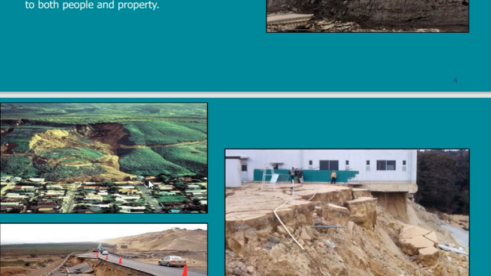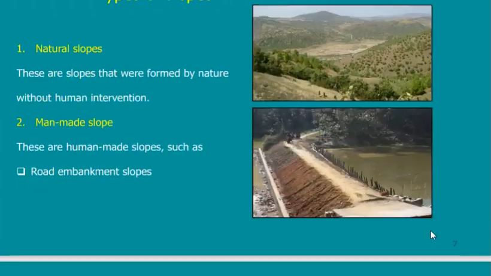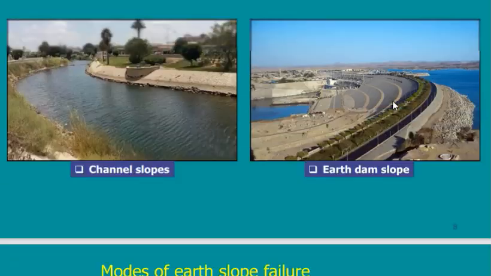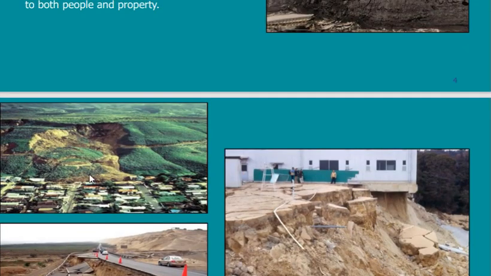First of all, it is not a slope failure, because if it were a slope failure, I would see part of the slope still standing. But in my case here, nothing is standing, because the failure starts from this point and ends at this point. All over this stretch, I don't see any part of the slope standing in place. So it means that it is not a failure in the edge. It's not a slope failure.